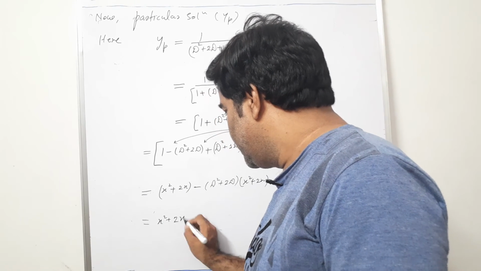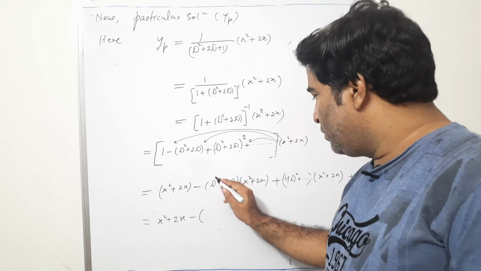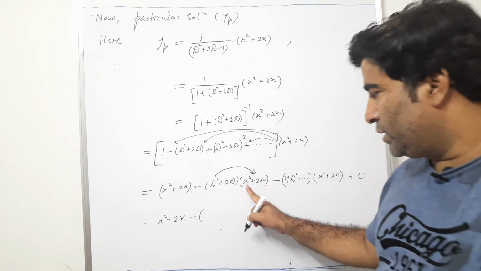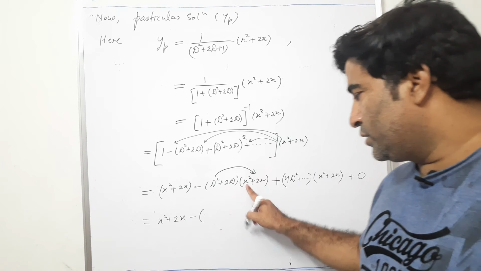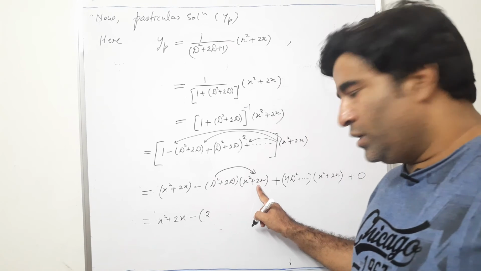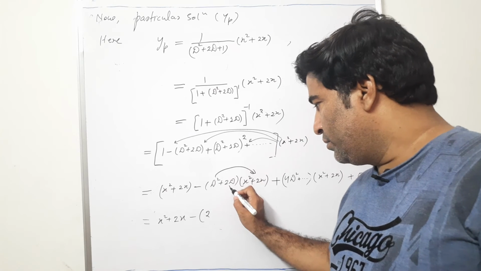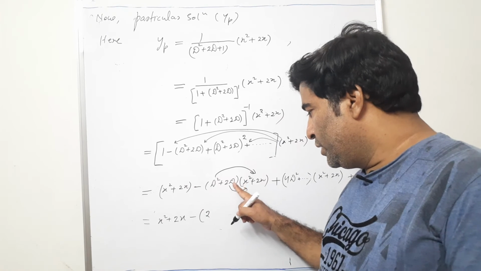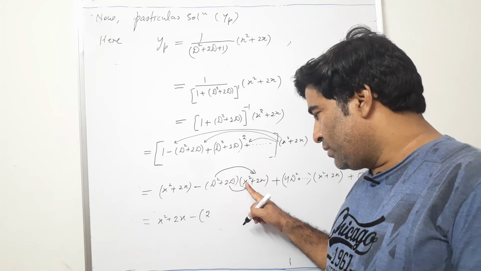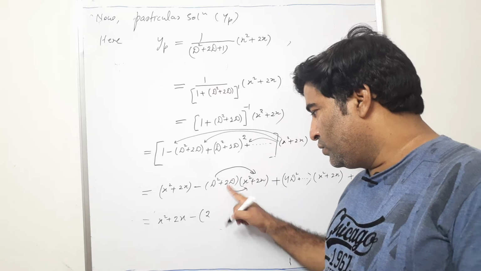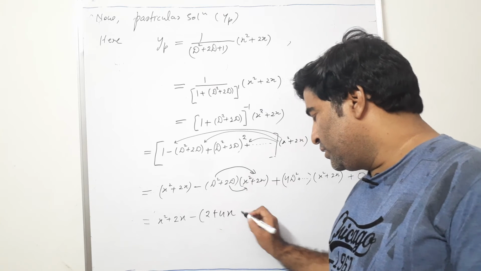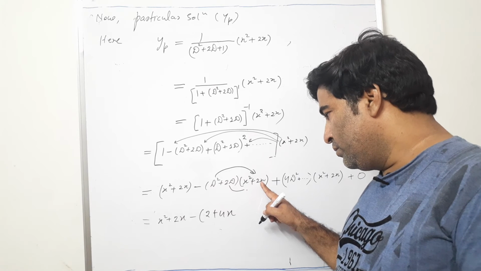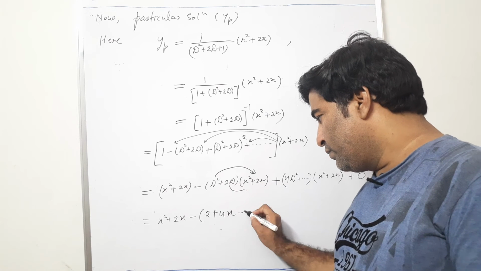Now x square plus 2x. Now we operate D square. D square means 2 times derivative with respect to x. The derivative of x square is 2x, the second derivative is 2, and the next is 0. Now we operate 2D. D means derivative of x square, 2x, so 2 into 2x is 4x, and the derivative of 2x becomes 2, and 2 times 2 is 4.